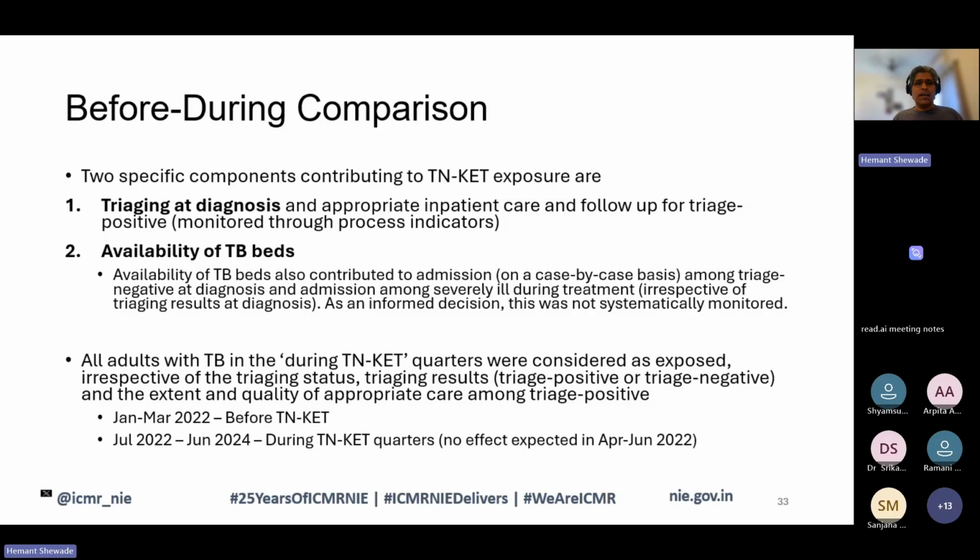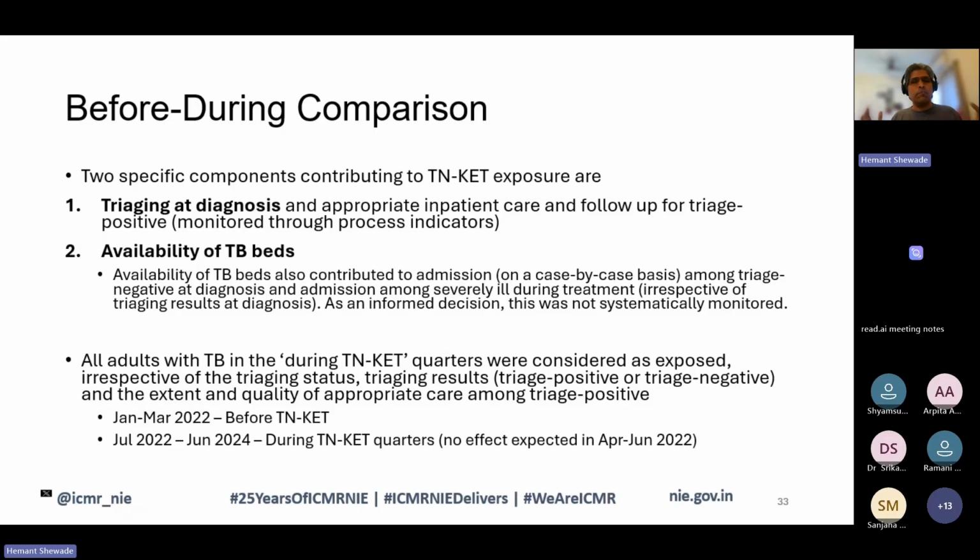So why did we consider all those in the during TN-KET period as exposed? The reason being there were two specific components that contributed to TN-KET exposure. One was triaging and diagnosis and appropriate care, and the second was availability of TB beds. Availability of TB beds was useful not only to admit those who were triaged at diagnosis, but it also helped in admitting those during TB treatment, and also helped in admitting some triage negative individuals if beds were available, based on clinical judgment, if the nodal physician wanted to admit.